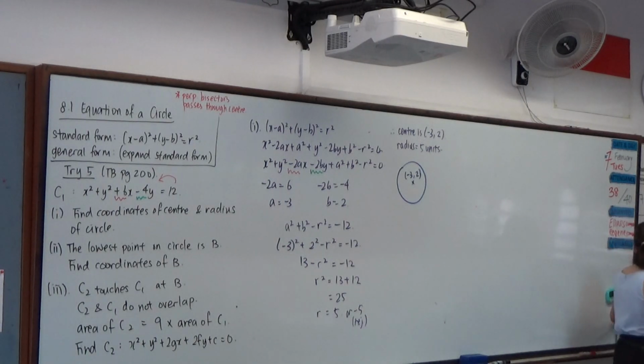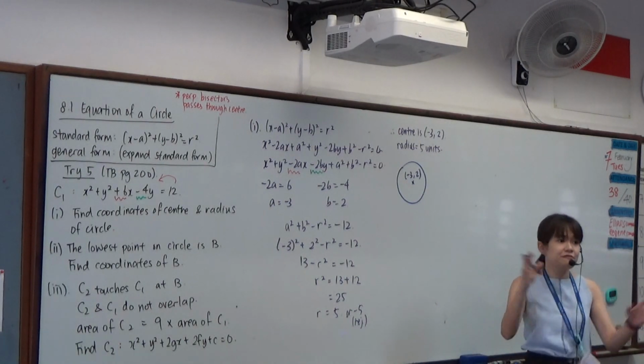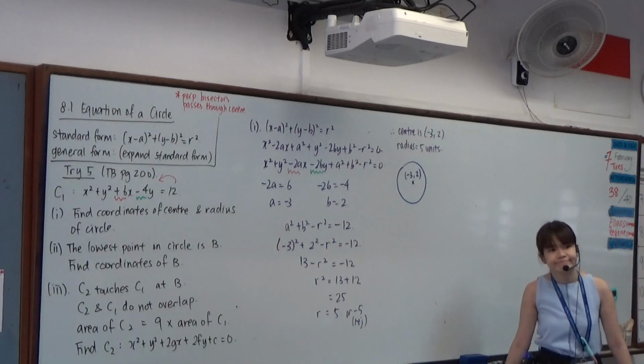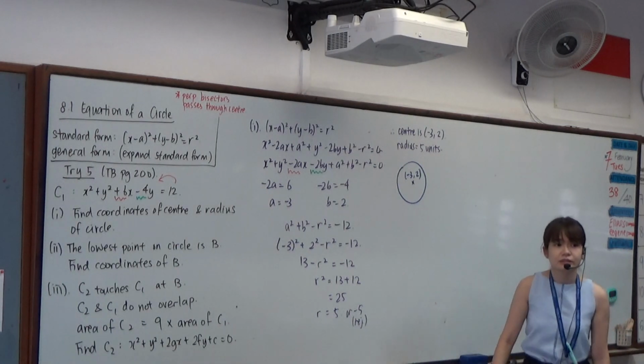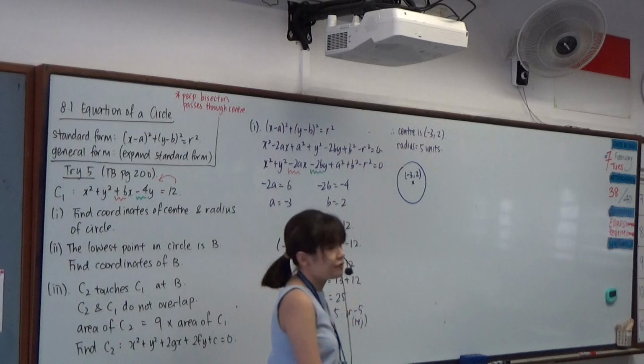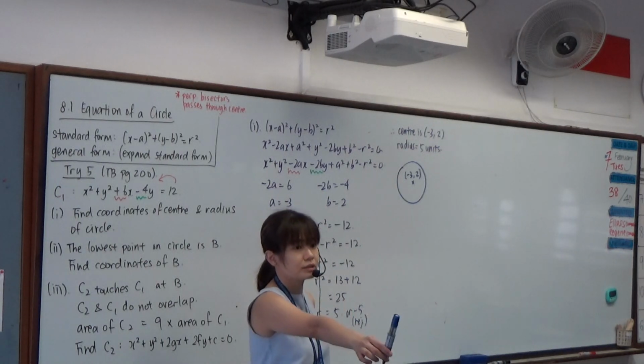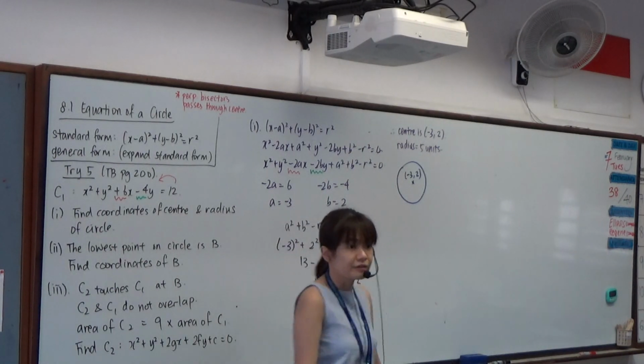What do you think? Call someone. Mingsan, what do you think? Where is the lowest point, regardless of what circle? Where will you identify the lowest point? Or do you want to come out and draw?